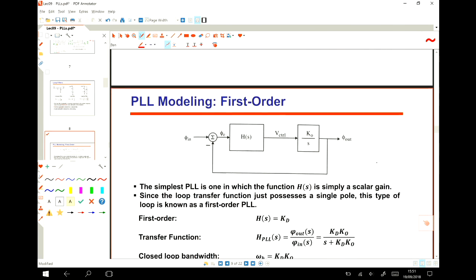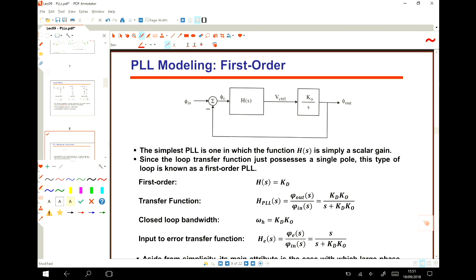The first system, the simplest system, is the first order PLL. Okay, what's the meaning of first order PLL? So this is our phase detector, and this is our VCO.